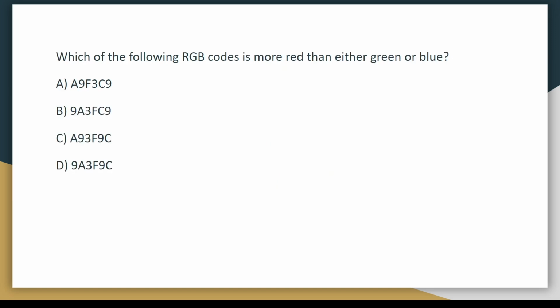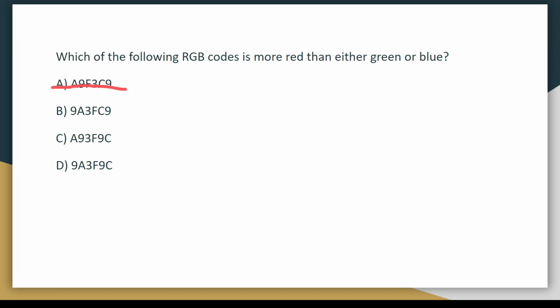Which of the following RGB codes is more red than either green or blue? So basically what it's saying is, are the first two digits larger than the next two or the last two? So for the first one, it starts with A, but the next one starts with F. F is greater than A, so we can immediately cross that off.